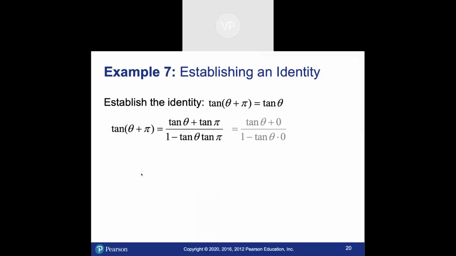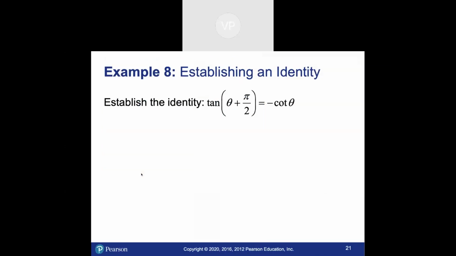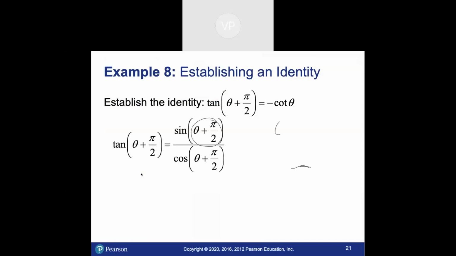Instead, what they opted to do was, let's rewrite tangent as sine over cosine. So that's what this was. And notice it doesn't matter what's in here. If it's the tangent of alpha, it's sine alpha over cosine alpha. If it's the tangent of 194 degrees, it's the sine of 194 over the cosine of 194.